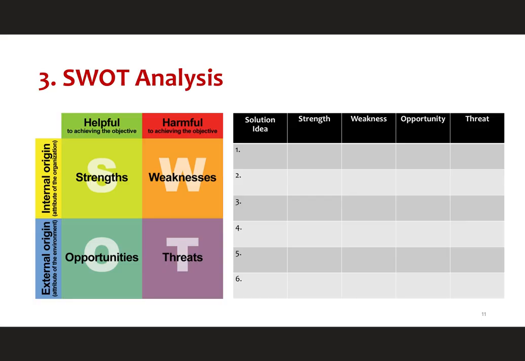Strength is similar to the pro or the benefit, but the strength usually looks from the inside of your group. So the strength is from your own self or your own group, while the opportunity is additional benefit from outside of your group. So the opportunity is like the future or other benefit that you might get.